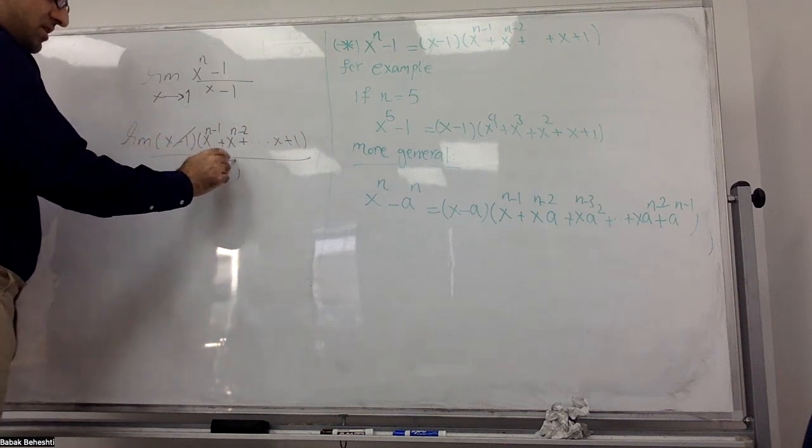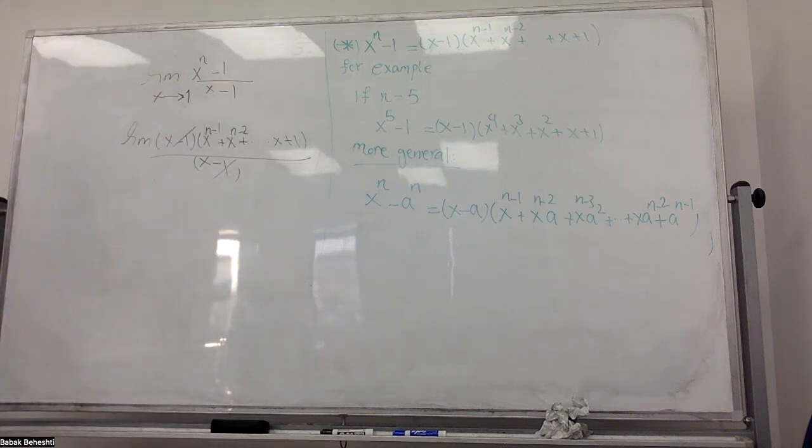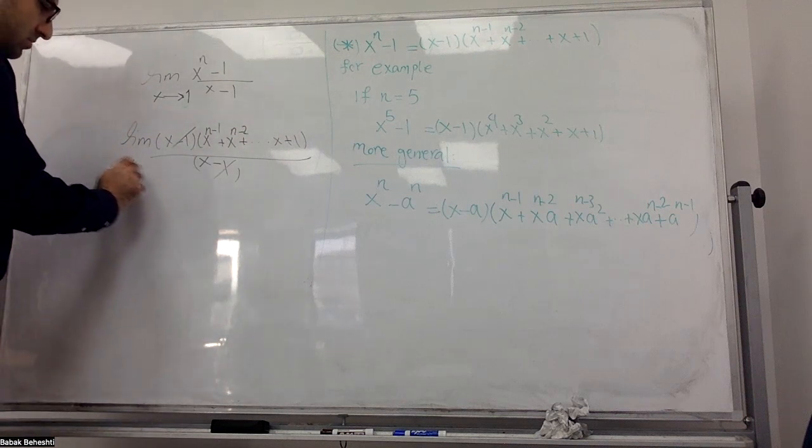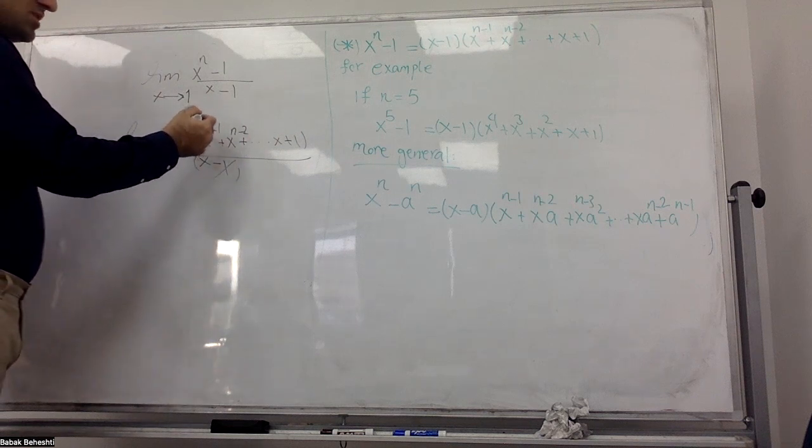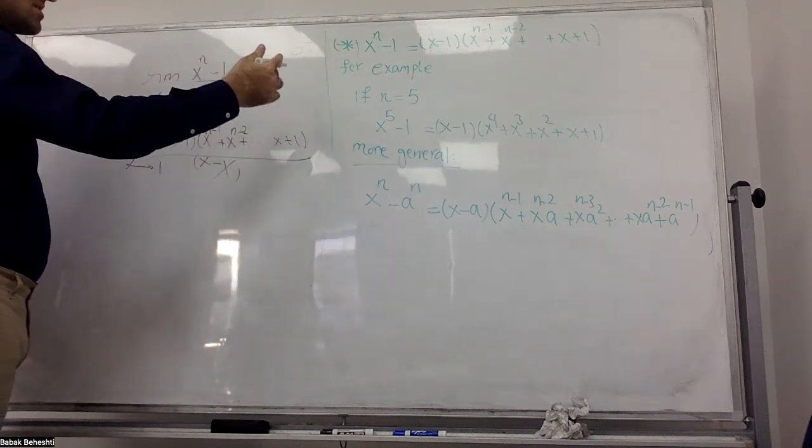Now you can simplify x minus 1, so they cancel out each other.